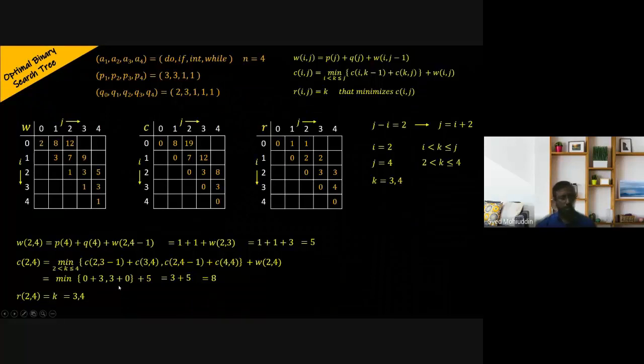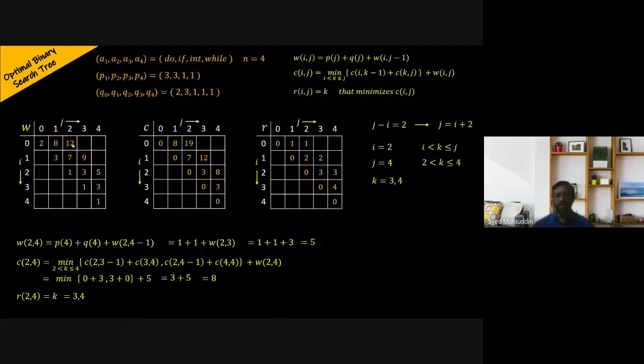So we can consider anyone, but when it's an algorithm and when you try to solve it, obviously we are going to take the first value, whatever we get as the minimum value. So here we pick up 3. So K is 3, both are giving, but we are picking 3 as Kth value. So we have 2 comma 4 as 3. So this way we have taken two nodes. So J minus I is 2, such that we fill up the upper diagonal of all the 3 matrices.